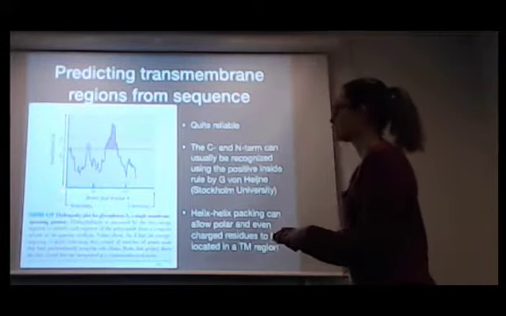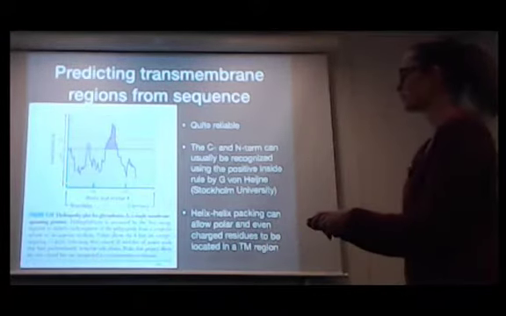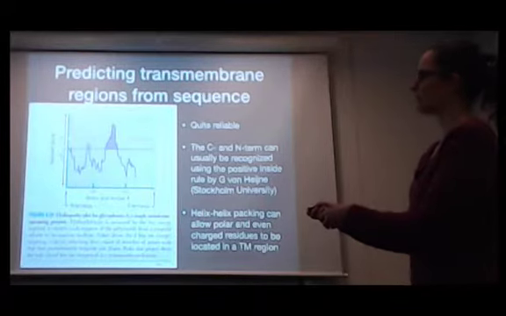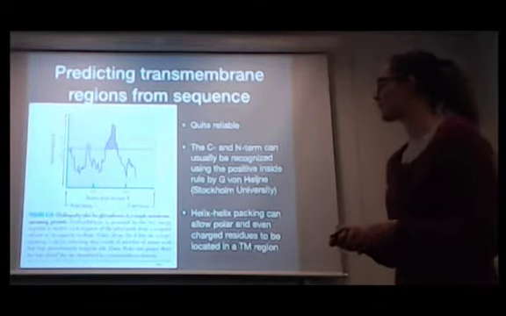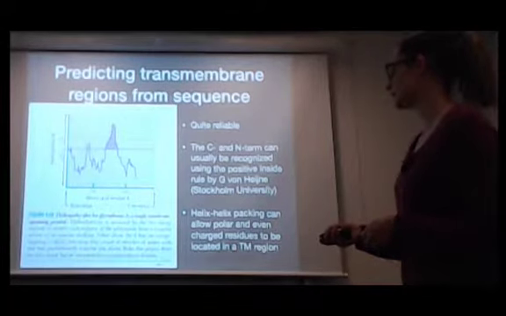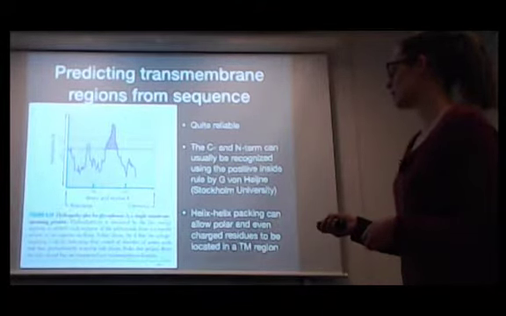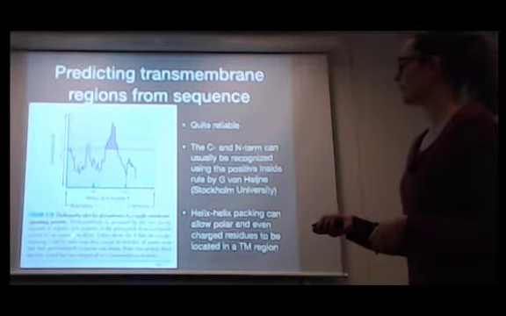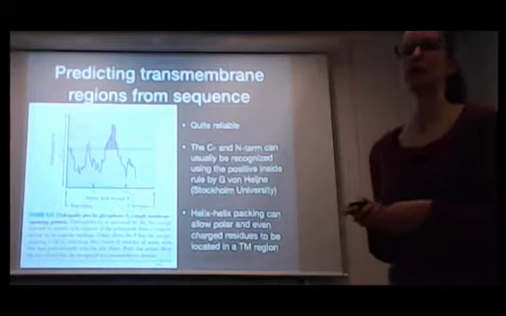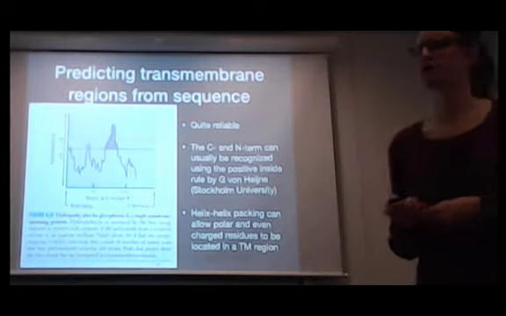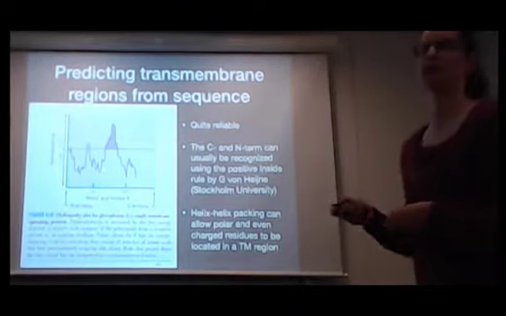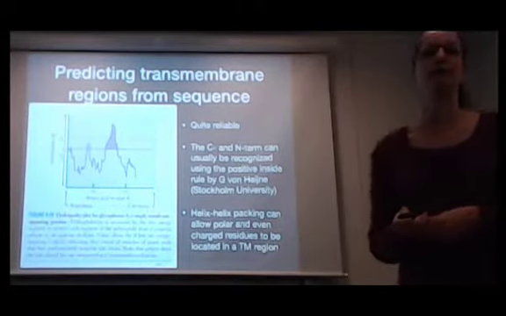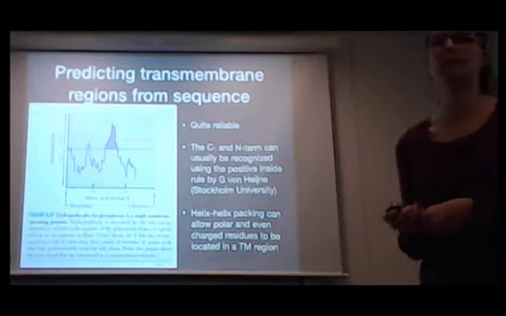And so you can draw these so-called hydropathy plots where you calculate the free energy of transferring an amino acid from a nonpolar solvent to the aqueous medium, and this would be positive for hydrophobic residues, and this would be negative for hydrophilic residues. And this is the hydropathy plot that you would get for glycophorin, the protein that I just talked quite extensively about.